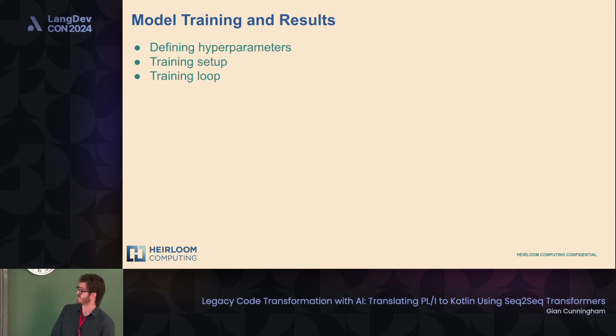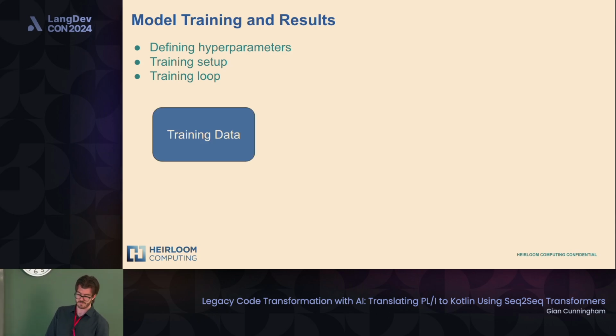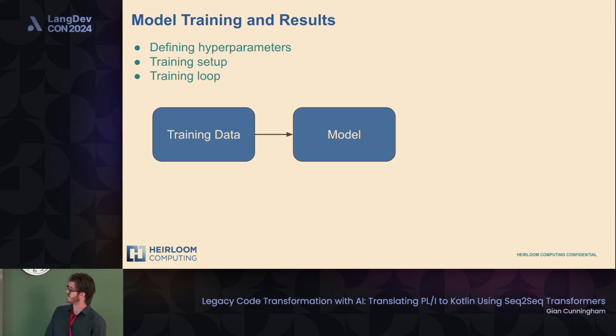So we finally get to our training loop. Generally, this is what a training loop looks like when training a model. You have your training data, which is given as input to our model. Then our model uses the current state of its parameters and generates some initial predictions.